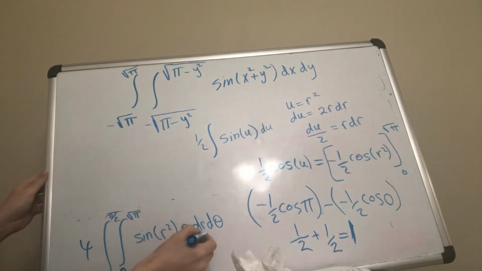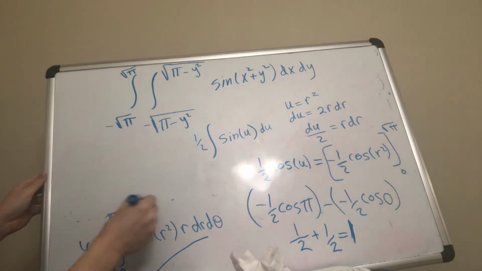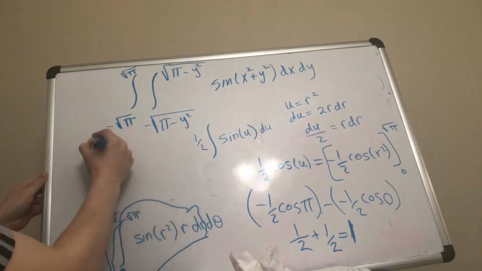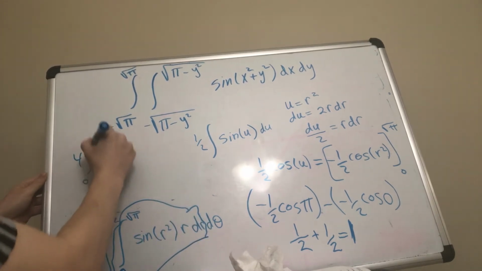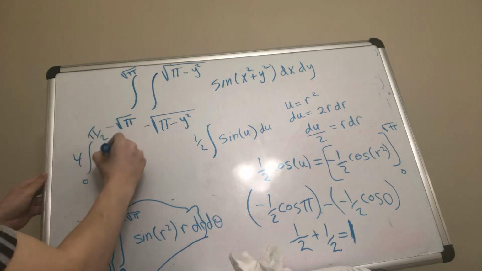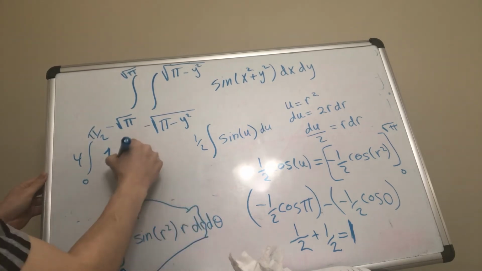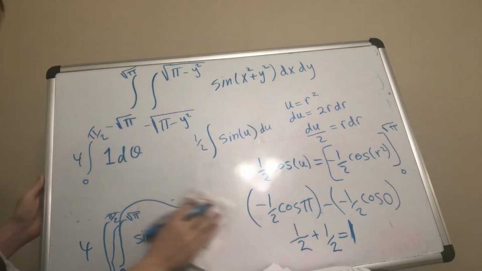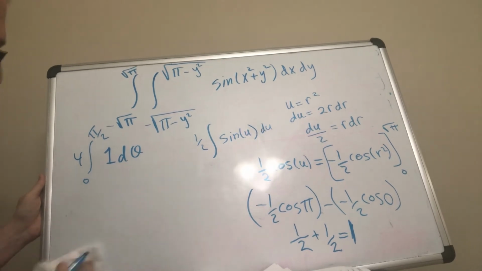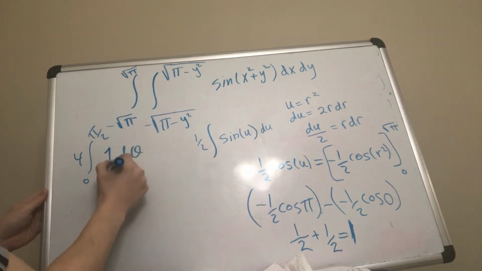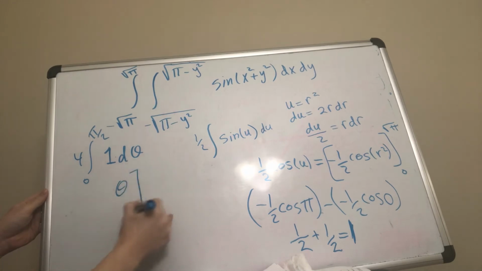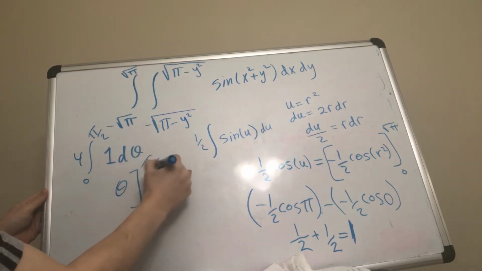So now I know that the answer of this integral is 1. Now I need to integrate the 1 d theta. The integral of 1 is theta, from 0 to pi over 2.